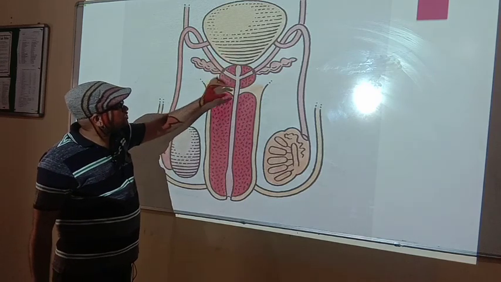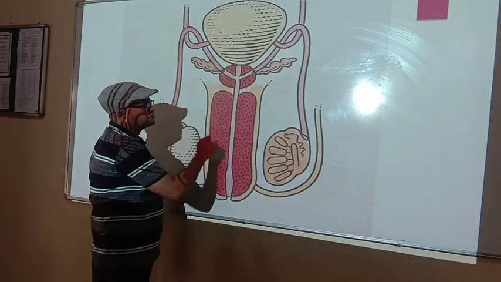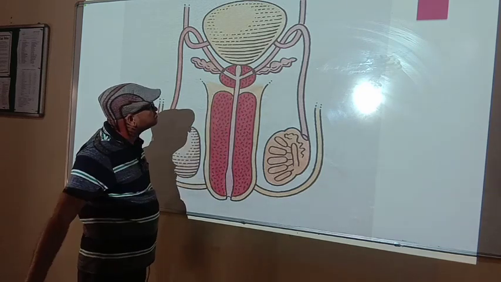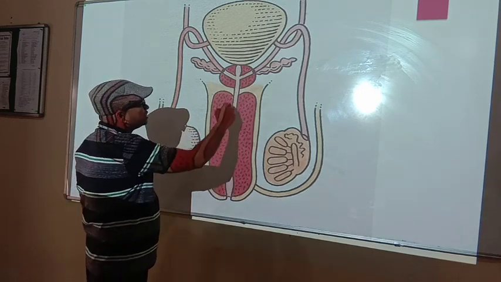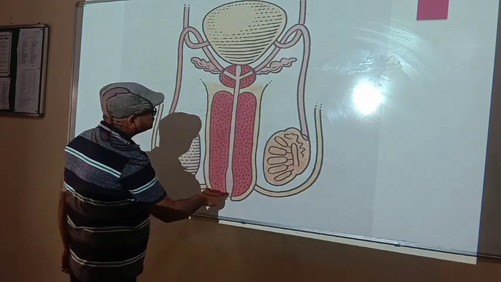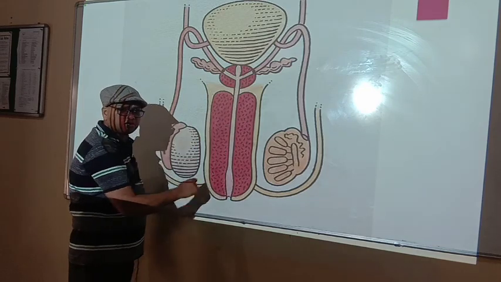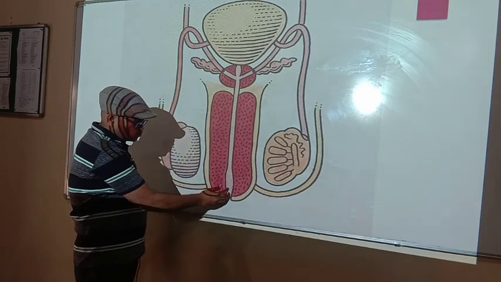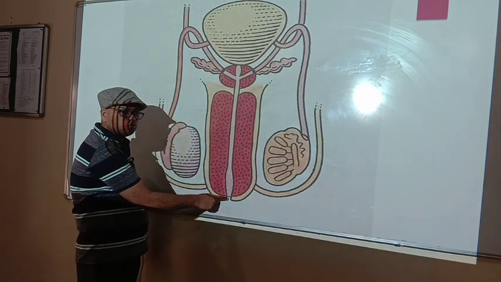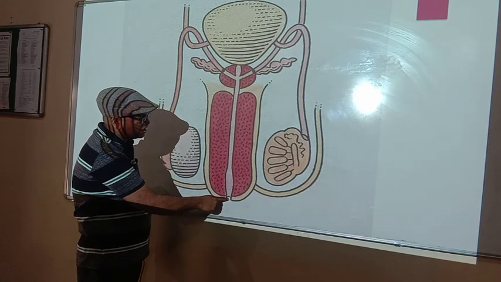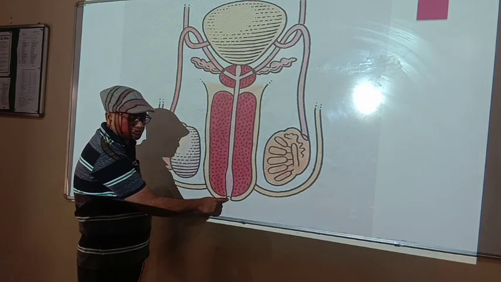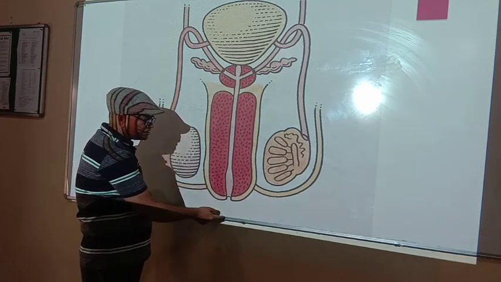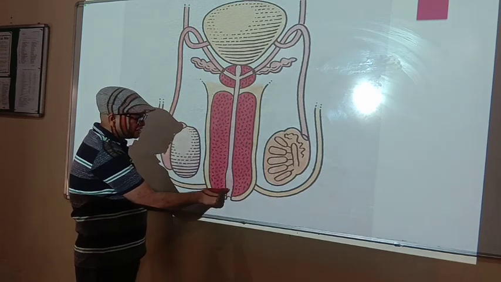The second part, not surrounded by any structure, is called the membranous urethra, and the third part of the urethra is surrounded by the penis, so it is called the penile urethra. The urethra opens out through a small opening called the urinogenital aperture or urethral orifice, through which genital secretion is released as well as urine.